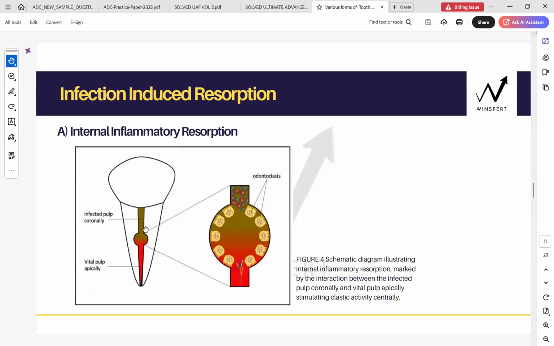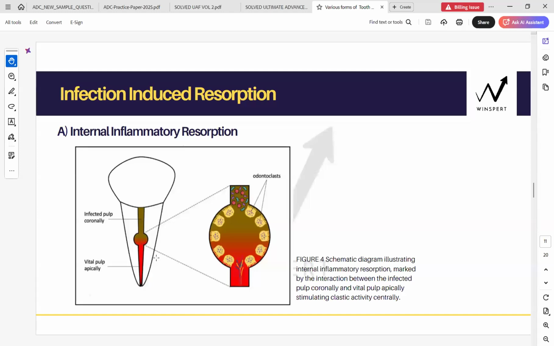Now this is the picture of internal inflammatory resorption, and the etiology is, this is the inflammatory kind, 1 to 1.5% intraorally in the canal for the safety of the periapical tissues. Right? Infected pulp coronally, vital pulp apically sometimes can be also seen, and the resorption can lie in between.